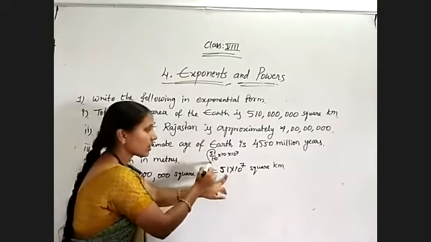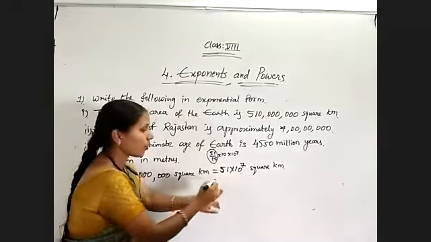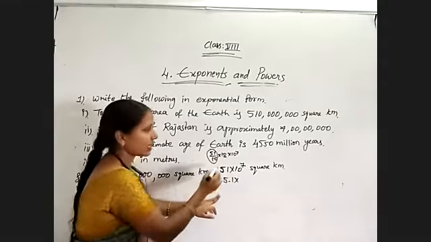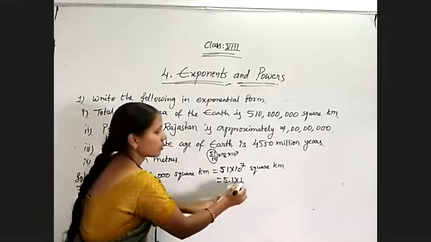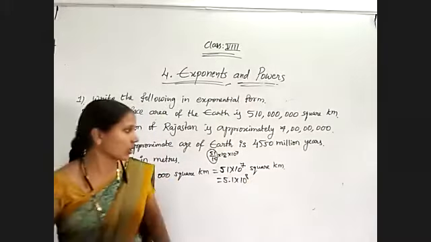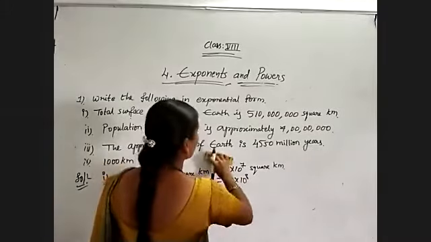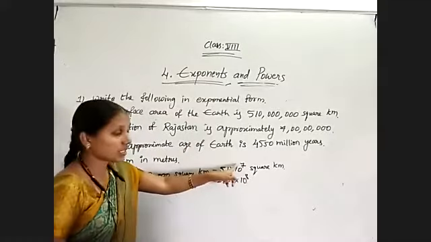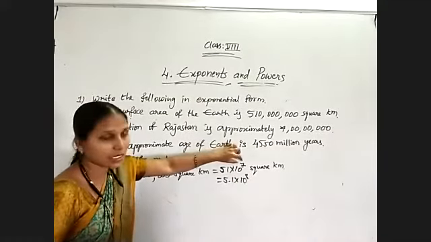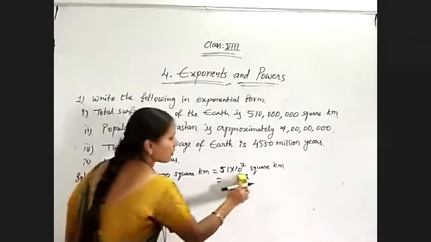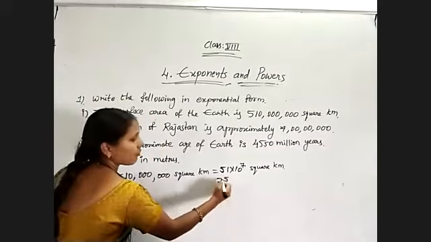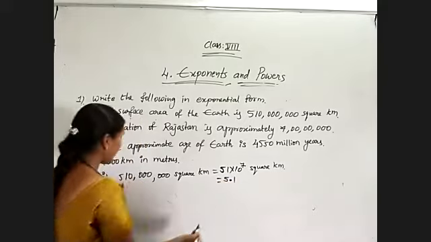Into 10 power 7, which I already have. So for this decimal notation, how can we write it? 5.1 into, here one more zero is added, that is 10 into 10 power 7, that is 10 to the power of 8. Understand? So don't worry about that. Whenever you get numbers like that with positive exponents, in that case, after the first digit keep the point and write the remaining digits.